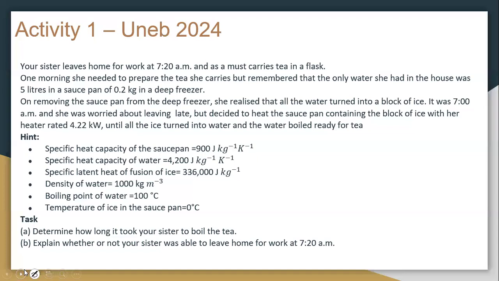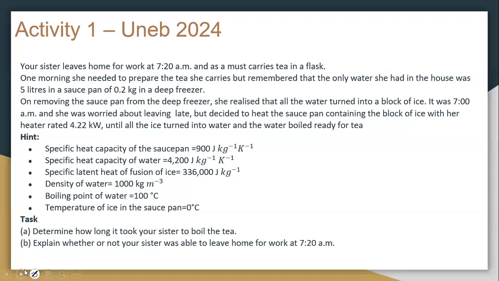Okay, we can look at another number. And for the second number, we are going to try out the UNEB number that appeared last year for the candidates. This question is telling us that your sister leaves home for work at 7:20 a.m. and as a must carries tea in a flask. One morning, she needed to prepare the tea she carries, but remembered that the only water she had in the house was 5 liters in a saucepan of 0.2 kilograms in a deep freezer.